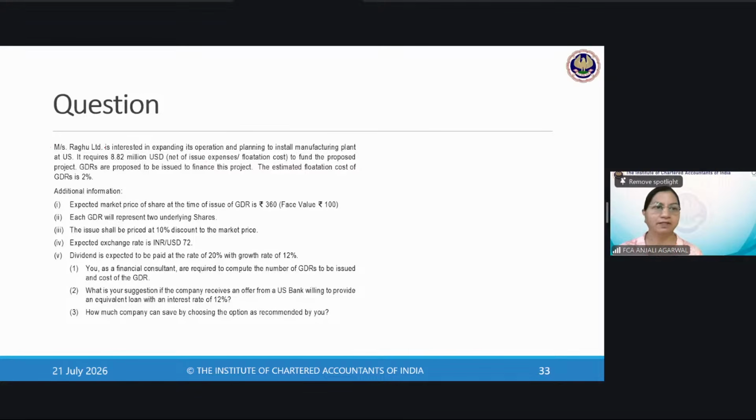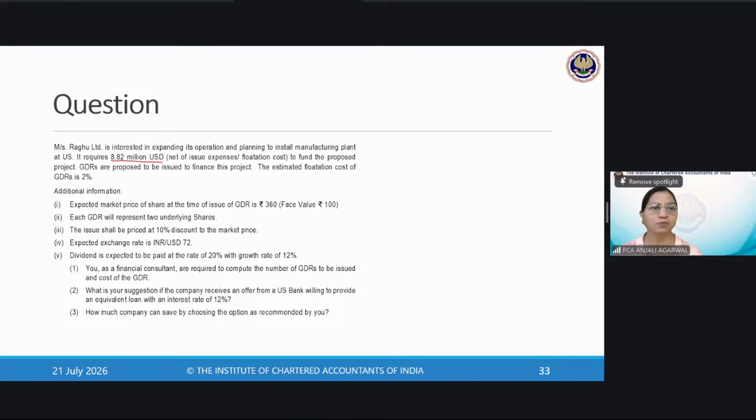Let us look at another type of question that you get in international financial management. Here, Messrs. Raghu Limited is interested in expanding its operations and planning to install manufacturing plant at US. It requires 8.82 million USD net of issue expenses or flotation cost.